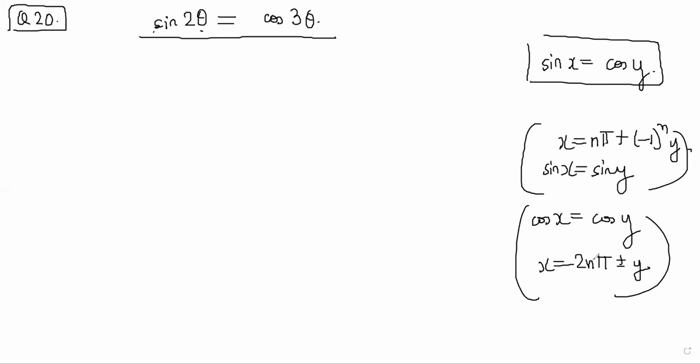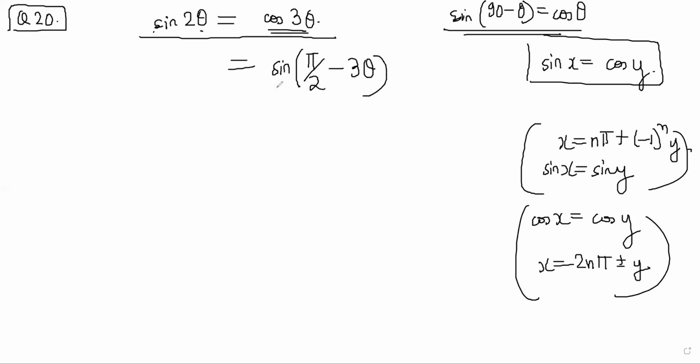I can easily convert cos to sine, since I know complementary angles: sine of 90 minus theta is equal to cos theta. So I can write this as sine of 90 minus 3 theta. Now it is in the correct form where you can apply a formula.